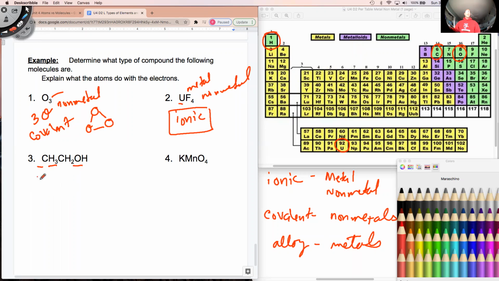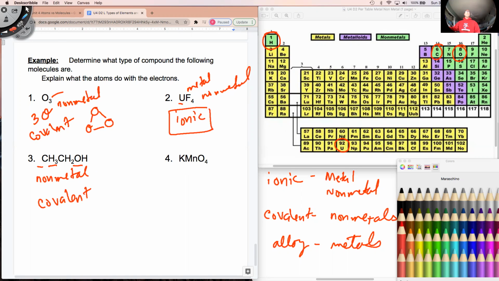And oxygen is a nonmetal. So this is a compound made up of all nonmetals. This is ethanol, all right? This is what you find in alcohol. A very, very common organic compound. So those are all nonmetals, which means this one must be covalent.